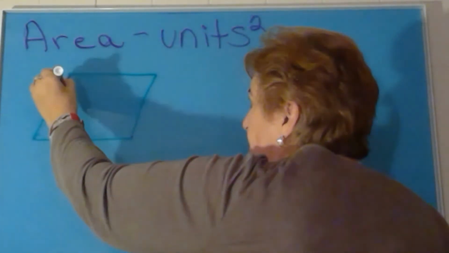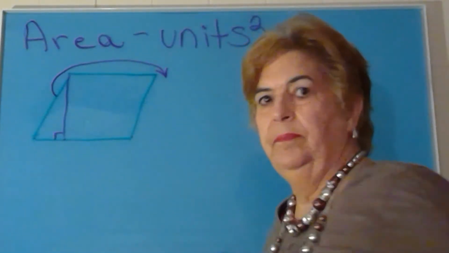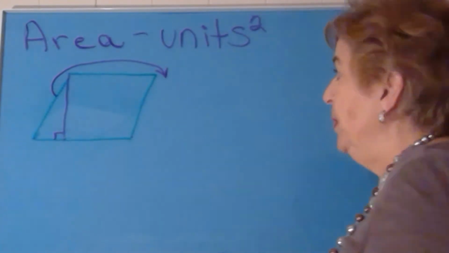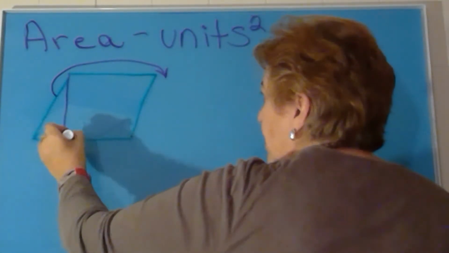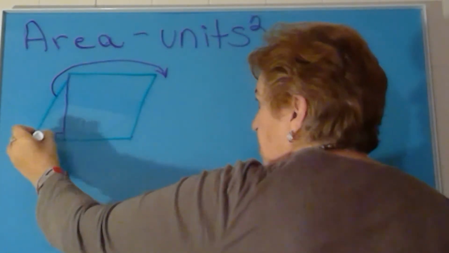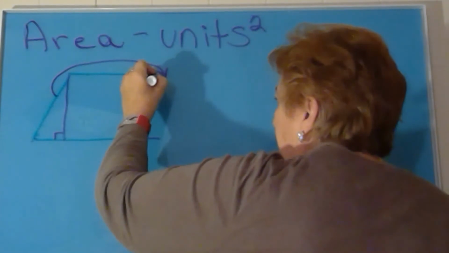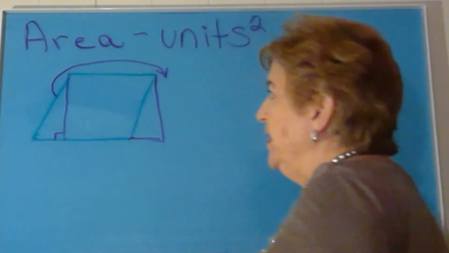So if I pick this up and put it over here, those sides are going to match up exactly because they were parallel. And that part that I took off of here is going to fit here. And it's going to fit in there just like that.